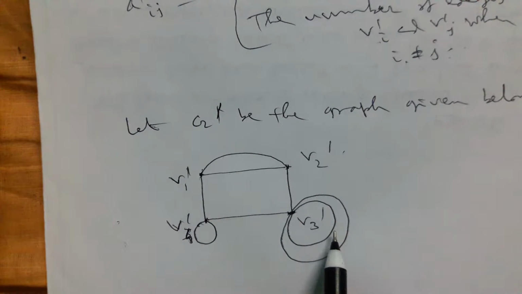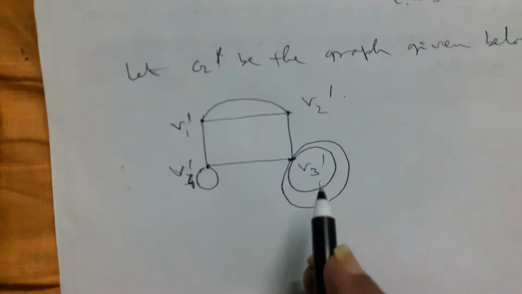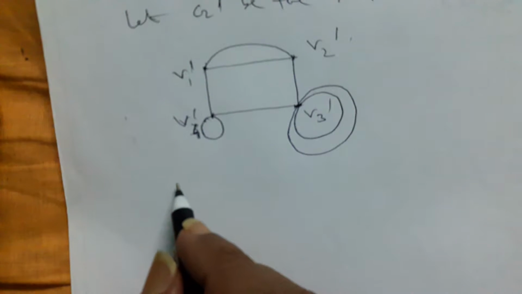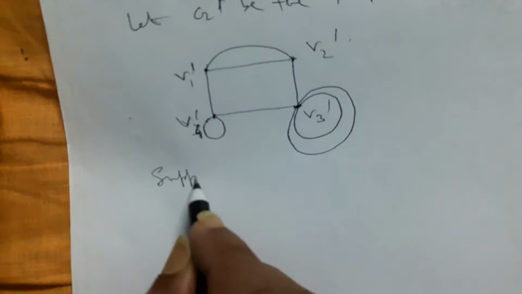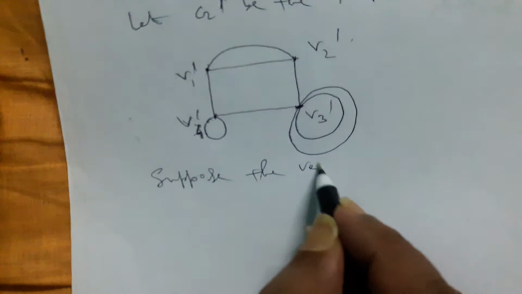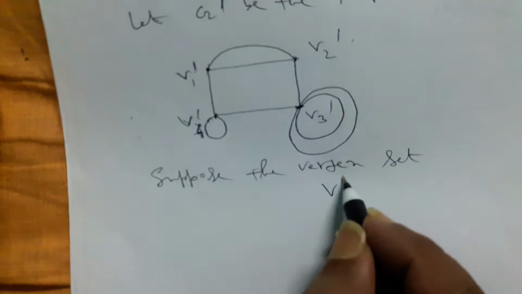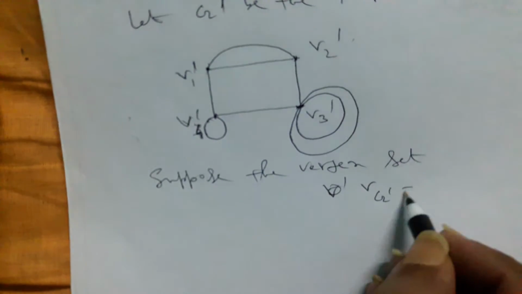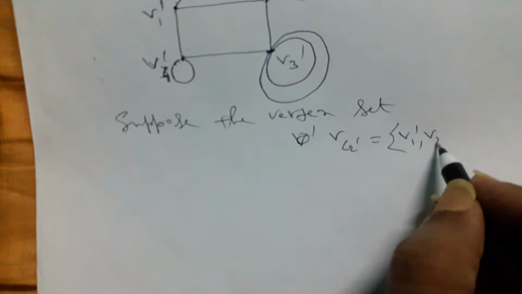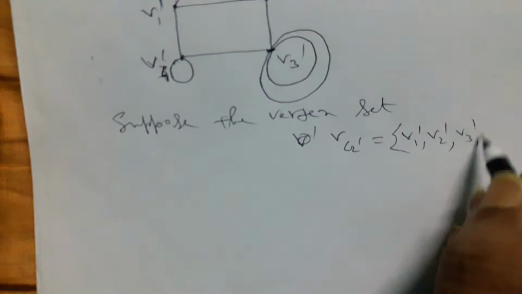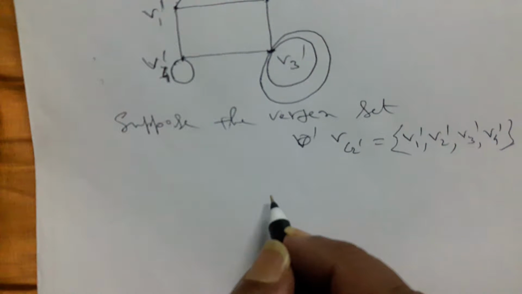Now we find the adjacency matrix. Suppose the vertex set V(G') consists of the points V1', V2', V3' and V4', with the order V1, V2, V3, V4.